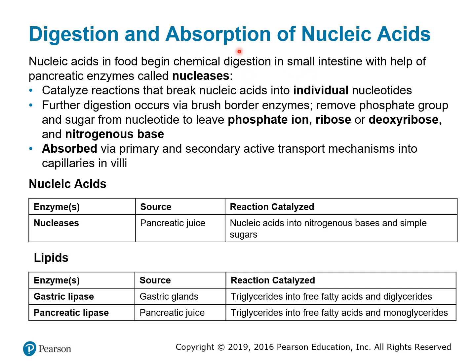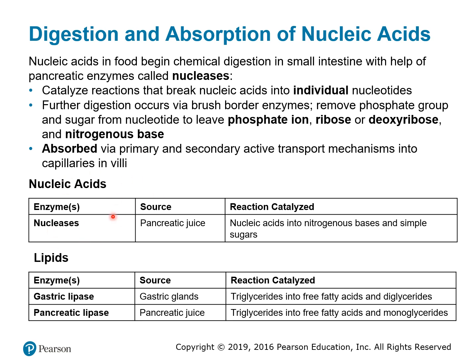They're going to break down nucleic acids into individual nucleotides, meaning adenine, guanine, cytosine, thymine, and uracil: A, T, C, G, and U. Now, these nucleotides have a phosphate group, a ribose in the case of RNA, or deoxyribose, which are both sugars, and then you have the nitrogenous base. So these are going to be the smaller subunits of how the nucleotides are digested, and that is what is absorbed in the capillaries in the villi of the small intestine.